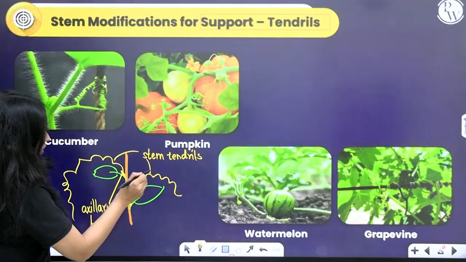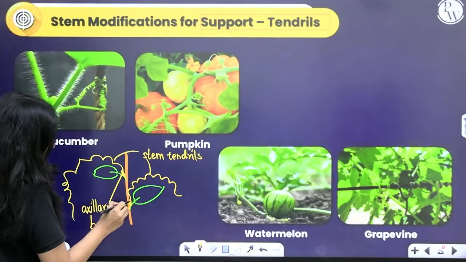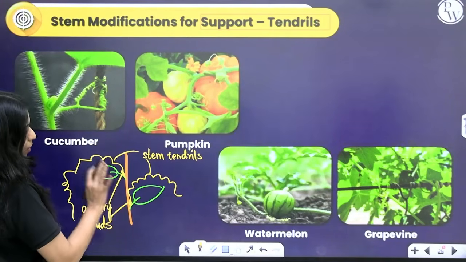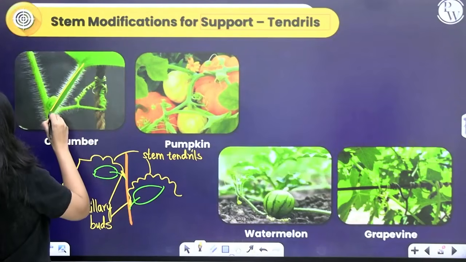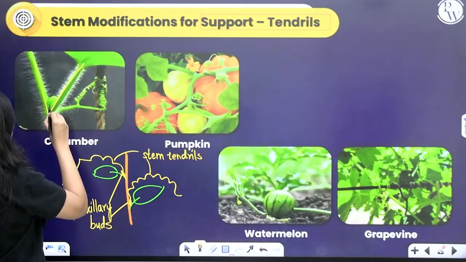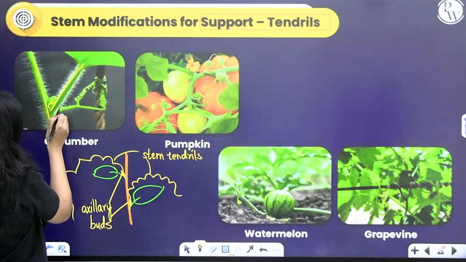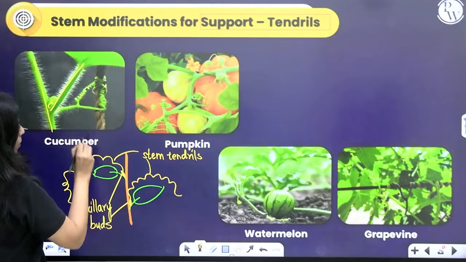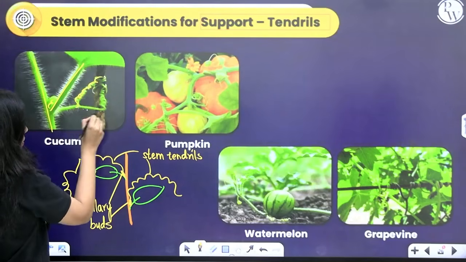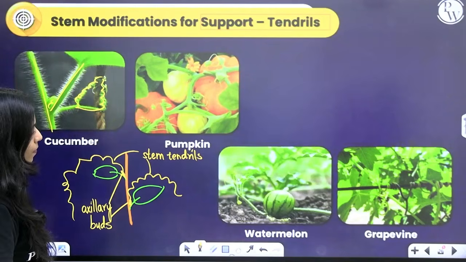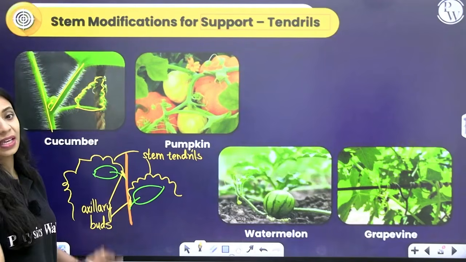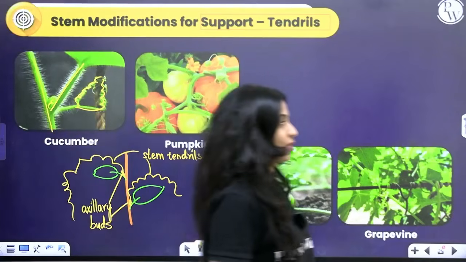Axillary bud is modifying to form the tendril. Since axillary bud is a part of the stem, we call it the stem tendril. You can see here, this is the leaf petiole, here is the stem. From the axil, you can see that the tendril has formed. It is helping it wind around some form of vertical support, right? So if it is forming from the axillary bud, we call it stem tendrils.